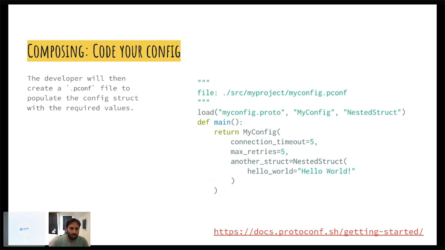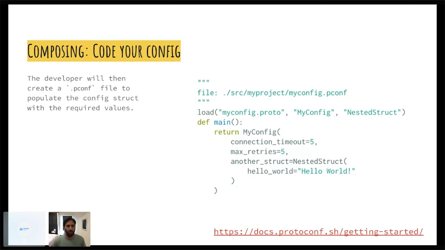If you know Python, it will be easy for you to use. The reason we use Starlark is that it's a limited version of Python, and Starlark doesn't have access to sockets and to files, so it's guaranteed that whenever you run the code, it will always produce the same output.